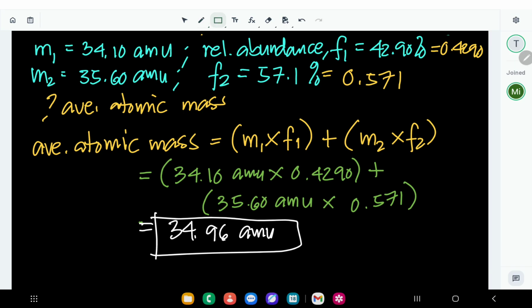Half-life. Let's do the half-life. The half-life of cobalt-60 is 5.3 years. So T half of cobalt-60 is 5.3 years.